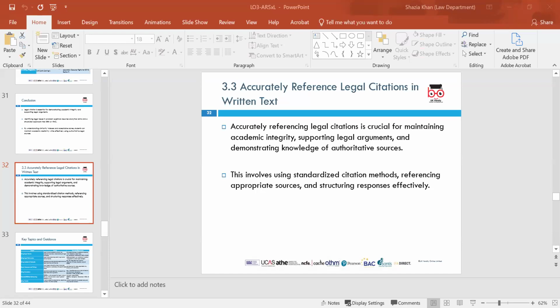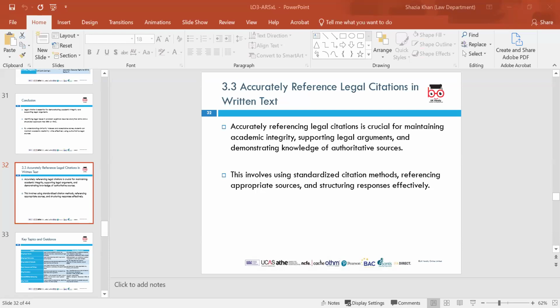Make sure you accurately reference legal citations in written text using a consistent legal citation style like OSCOLA, which typically involves including the case name, year of decision, volume number, law report series abbreviation, and page number in a footnote or endnote. You need to make sure you are consistent: always use the same citation format throughout the document, and stick to the proper referencing of citations.